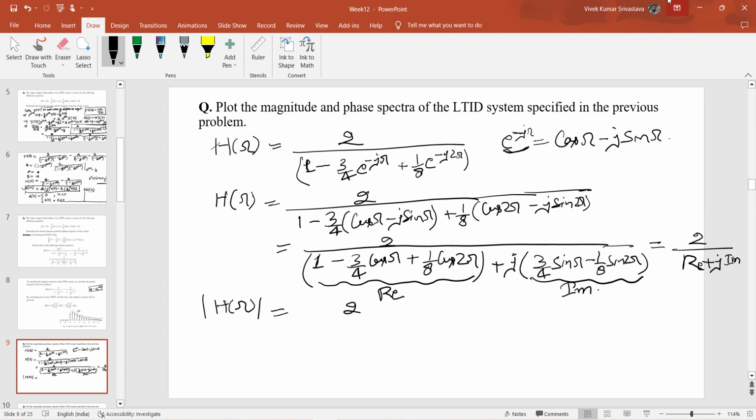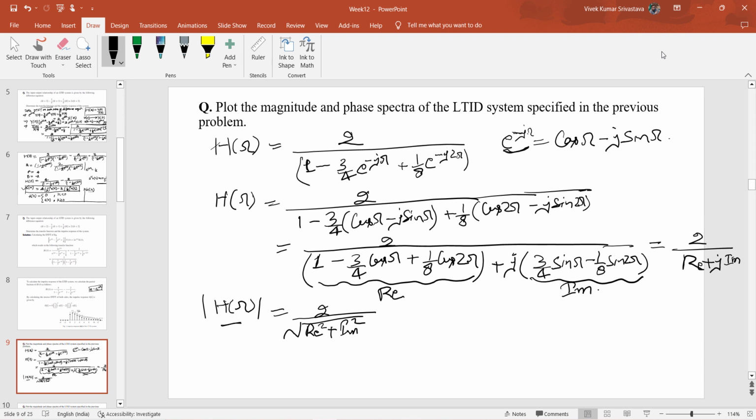This magnitude we can write as 2 over under root of real part square plus imaginary part square. So this represents the magnitude.